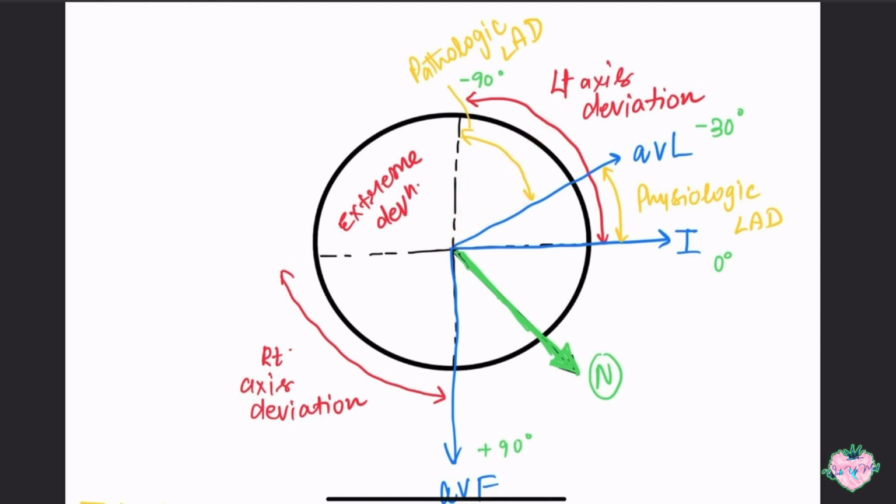About right axis deviation, any deviation from 90 to 180 will be considered as right axis deviation, and there is no such thing as physiological or pathological axis deviation in case of right axis deviation. Now there is a third criteria of deviation, which is extreme deviation, and it is a very rare case. You will hardly find any ECG with extreme deviation, or deviation anywhere in between this quadrant.